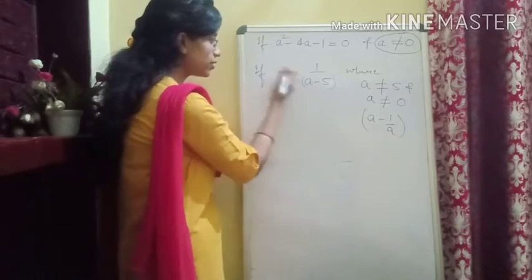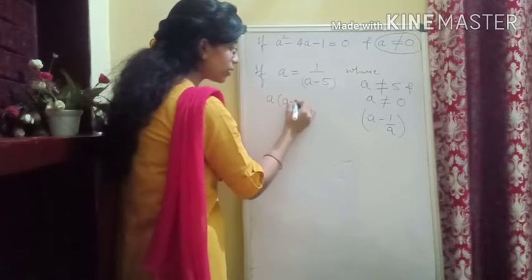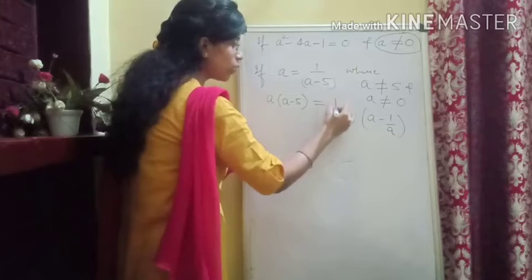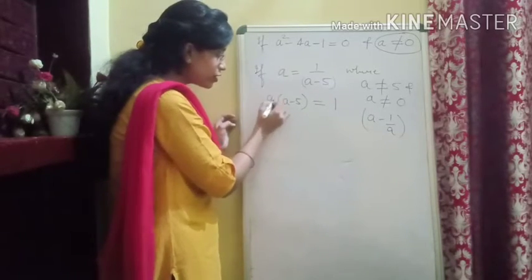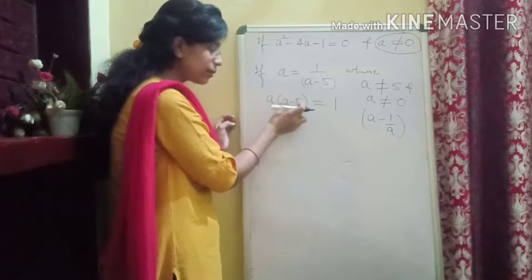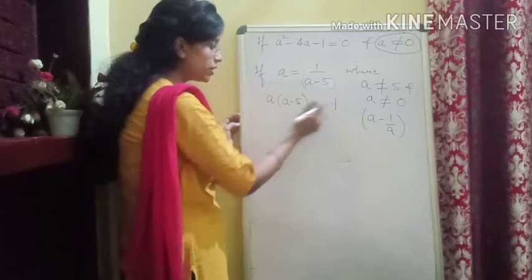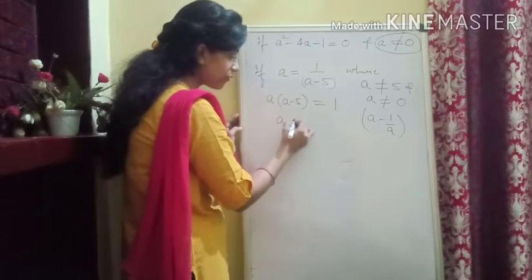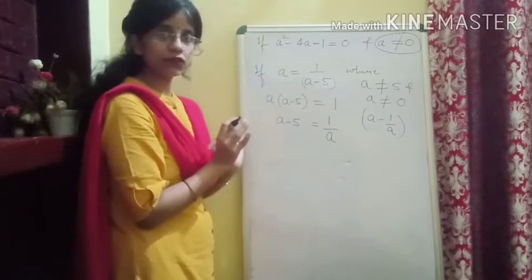So it will come like this, a into a minus 5 equals 1. Is it correct? After this, a, which is already in multiplication with this a minus 5, I am going to take to the other side. So it will come here in multiplication: a minus 5 is equal to 1 upon a. Are you following the steps?